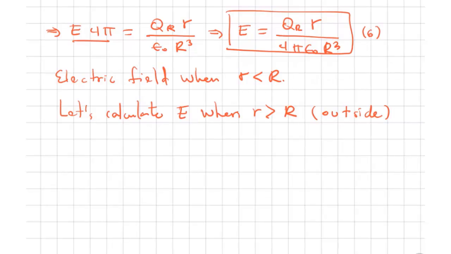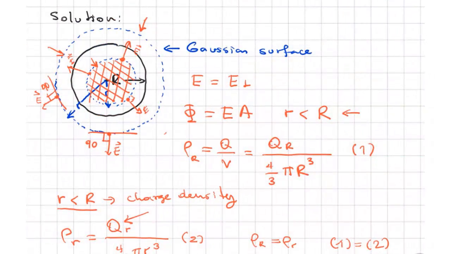You know that Gauss's law says that the electric flux is equal to the electric field multiplying the area of the Gaussian sphere, and that's equal to 1 divided by epsilon 0 multiplying QR. But this is the charge of the whole sphere. We are not calculating a new charge because we are at points outside of the sphere.